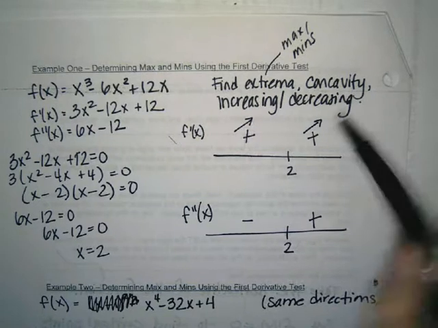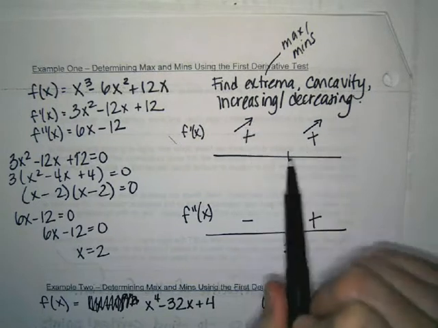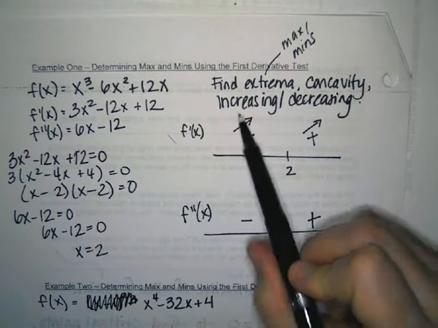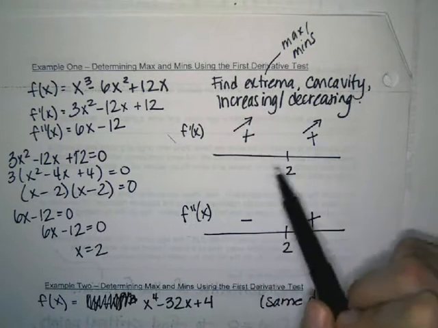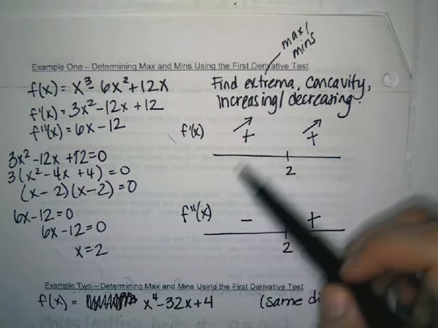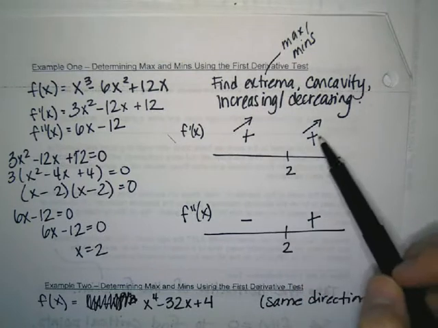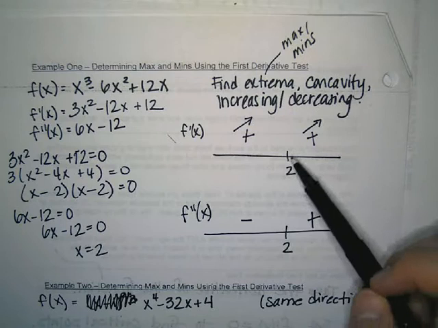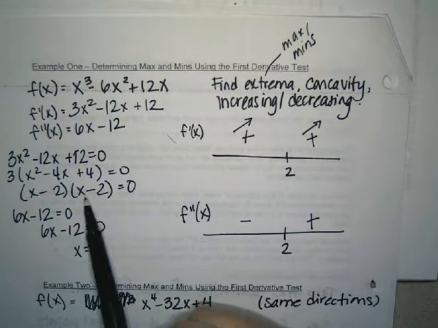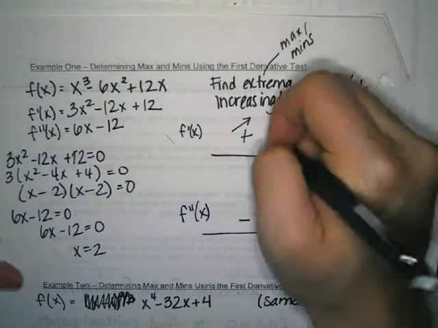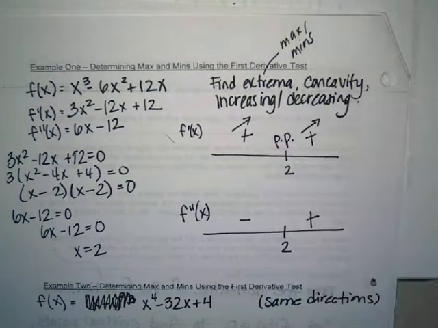If this was to go from increasing to decreasing, then we would have a maximum. If it was going to go from decreasing to increasing, then we would have a minimum. But we're increasing, and we're increasing again. But here, the derivative equals 0, because that's how we found it over here, that the derivative equals 0 at 2. That means this is a plateau point. It's where it bottoms out a little bit, but the function continues to increase.